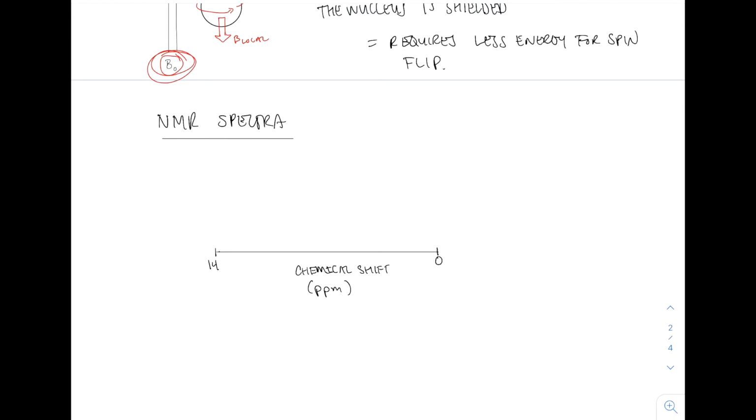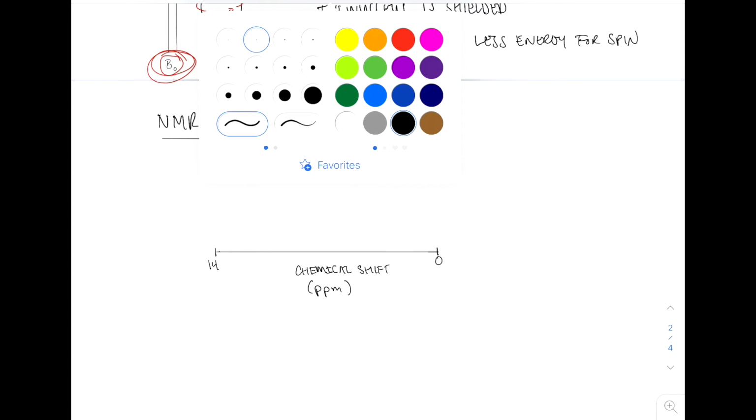Okay. All right, so this is pretty much what the x-axis is going to look like on our NMR spectrum, and the x-axis represents the chemical shift, which we'll discuss in a minute. The axis is numbered from, actually on the left side is 14 and on the right side is 0. So it's almost counting down, right?